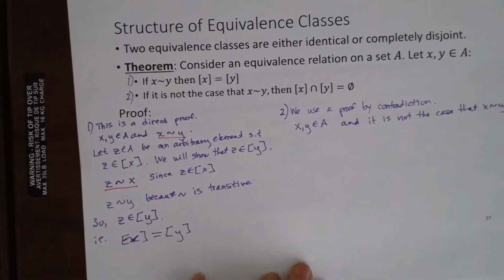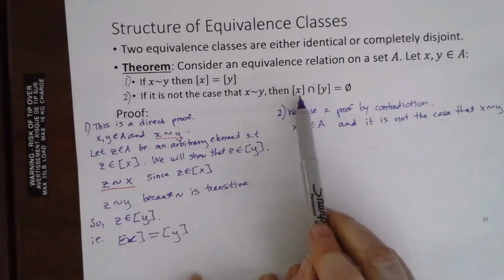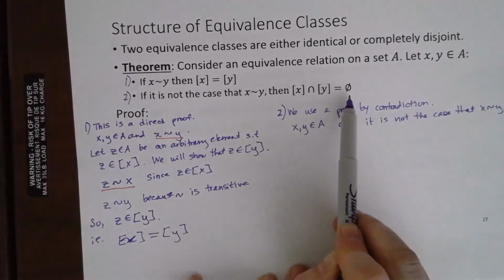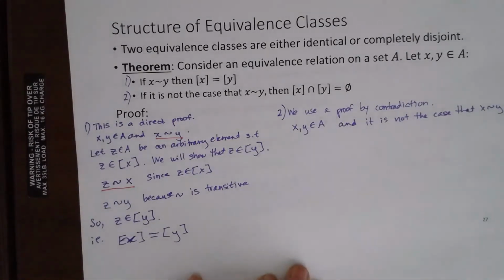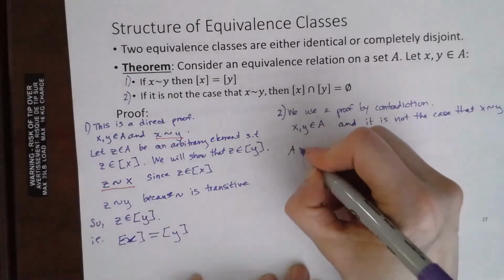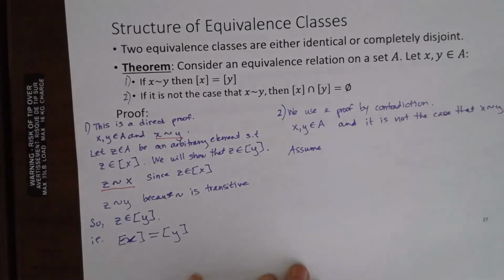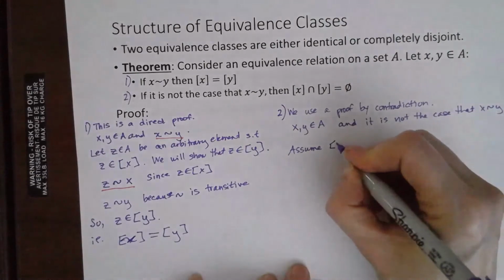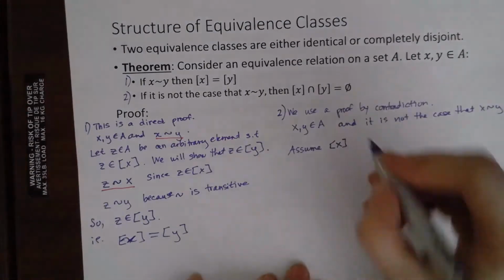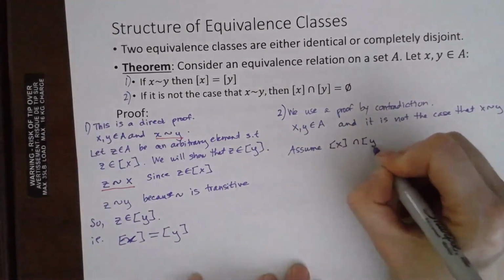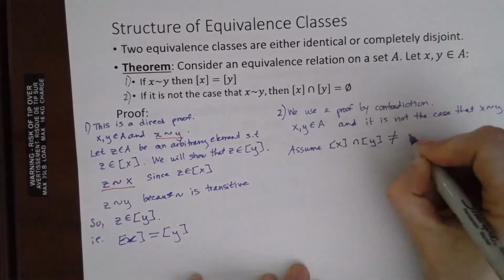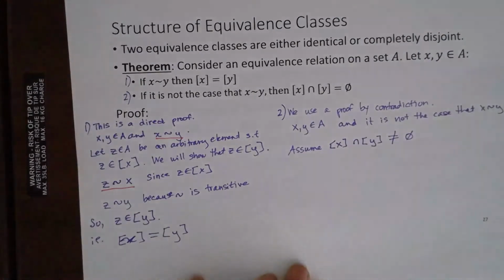So in a proof by contradiction, we're going to assume the opposite of what we're trying to prove and then show that we get to some kind of contradiction when we assume the opposite. So we're going to assume, and then what's the opposite of the intersection is the empty set? That it's not the empty set. So we're going to assume that when I take the equivalence class of X and intersect it with the equivalence class of Y, that I'm not going to get the empty set.